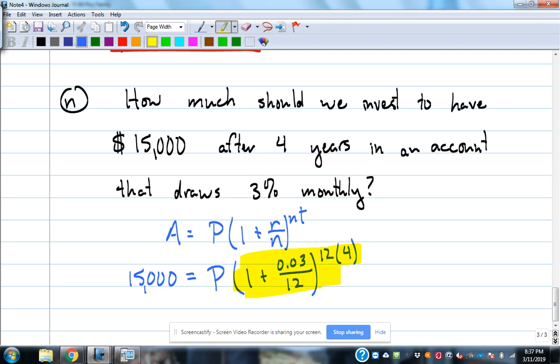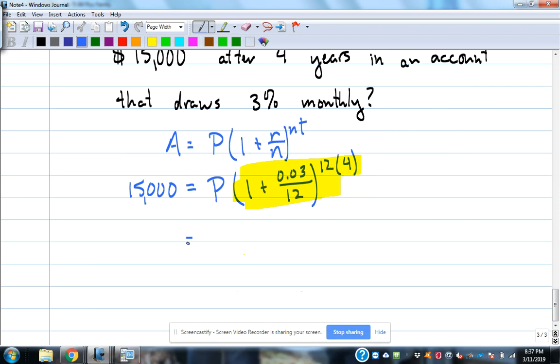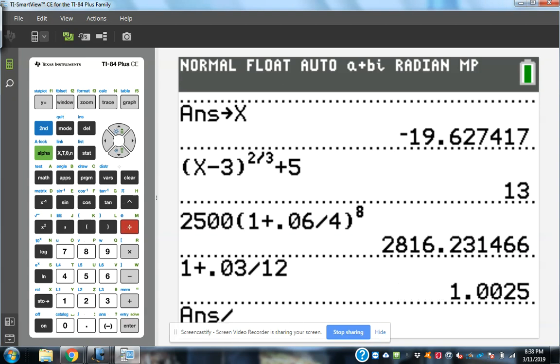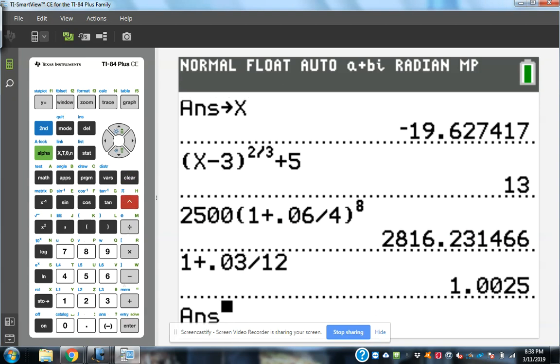Okay? So let's find out what that number is. So 1 plus 0.03 divided by 12. And then I'm raising that to the 12 times 4 power, which is the 48th power.